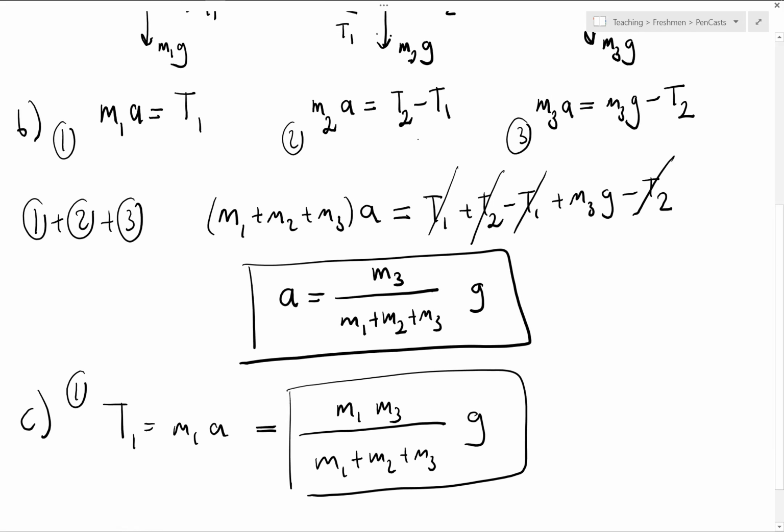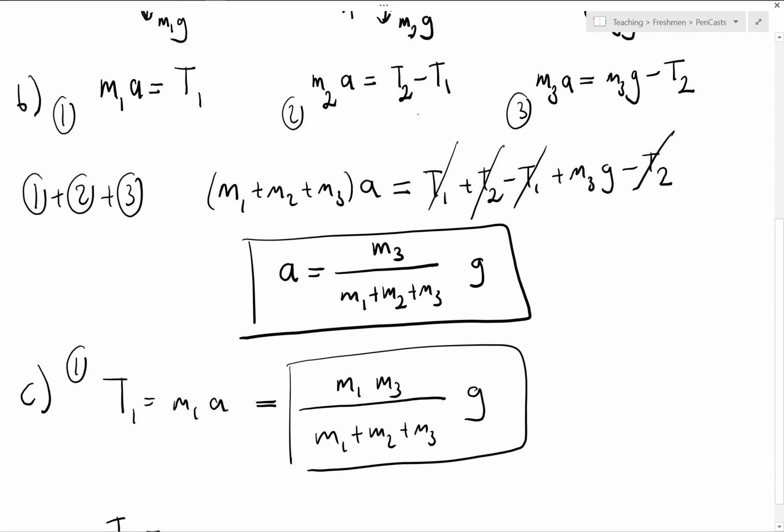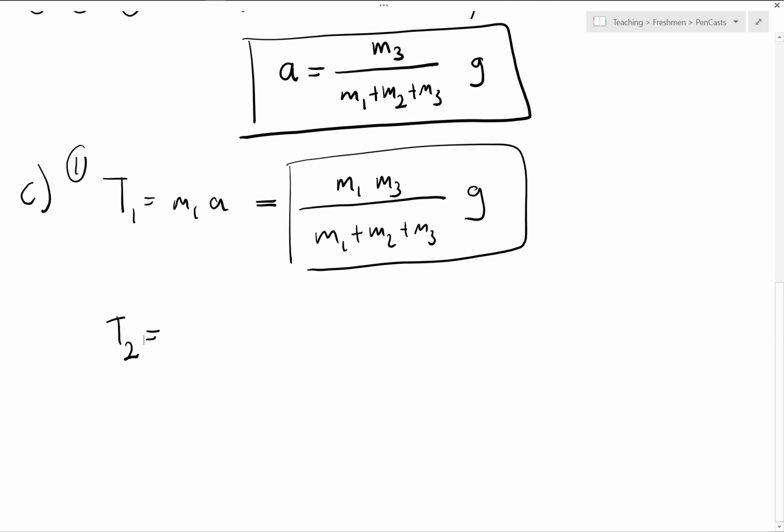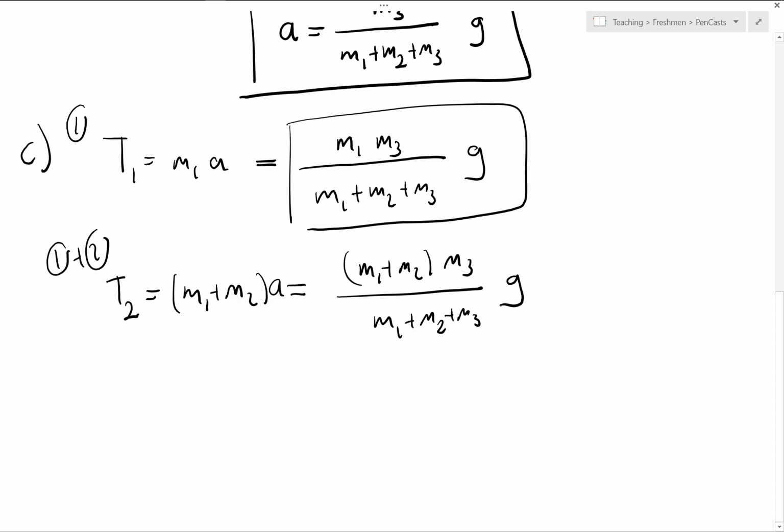If I add the first and second equations, what I find is T2 is M1 plus M2 times A. So it will be M1 plus M2 times M3 divided by M1 plus M2 plus M3, times G.